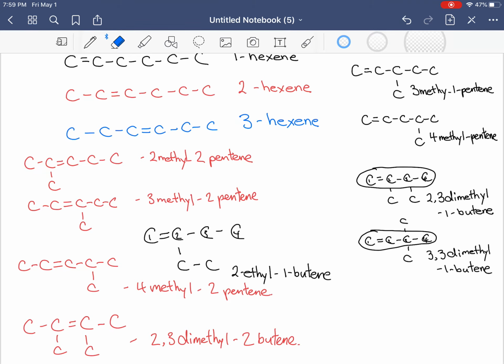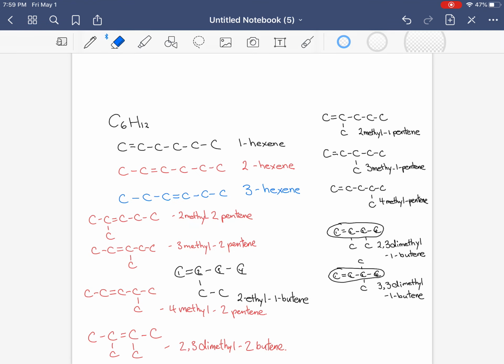But it's pretty interesting if you think about it. So how many do we have here? I have 1, 2, 3, 4, 5, 6, 7, 8, 9, 10, 11, 12, 13. I have 13 isomers for C6H12.